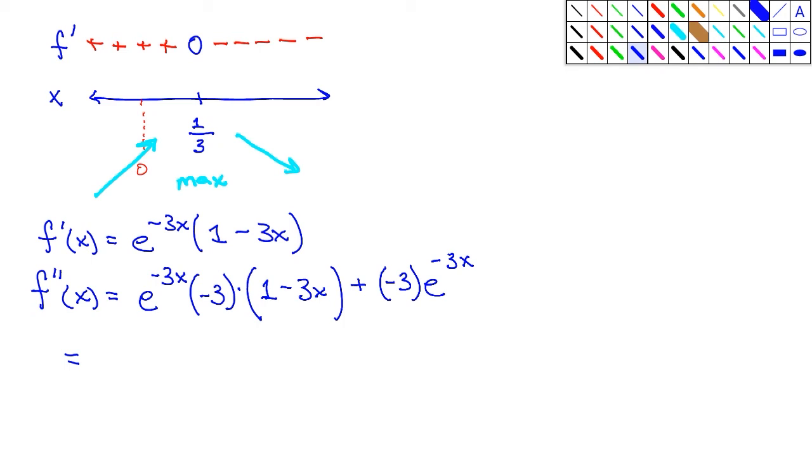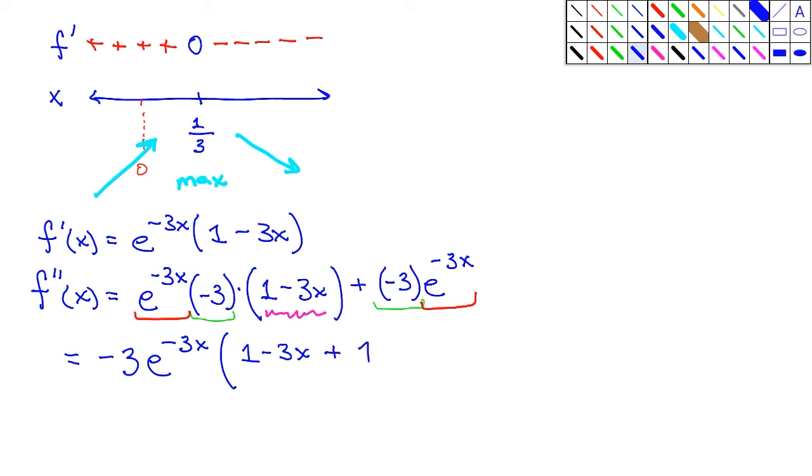Now let's simplify. I see that I can factor out negative 3 from both terms. I see that I can also factor out e to the negative 3x. And that leaves me with 1 minus 3x from right here, and leaves me with a plus 1.